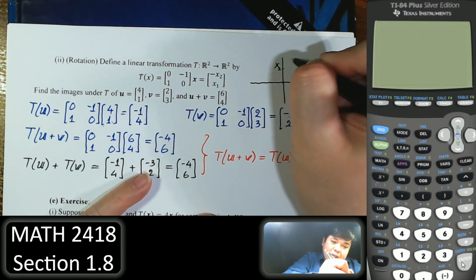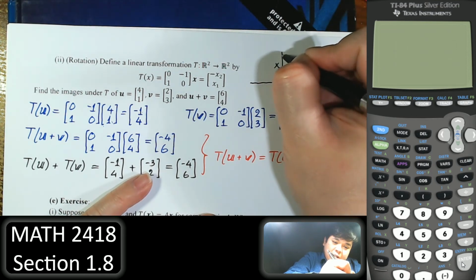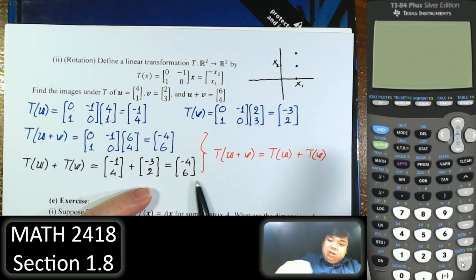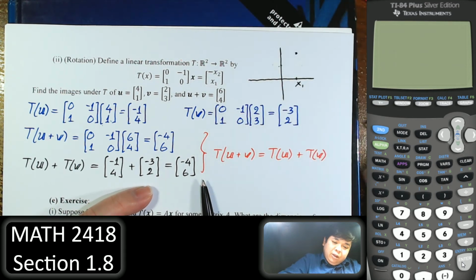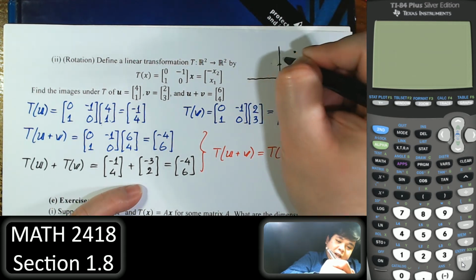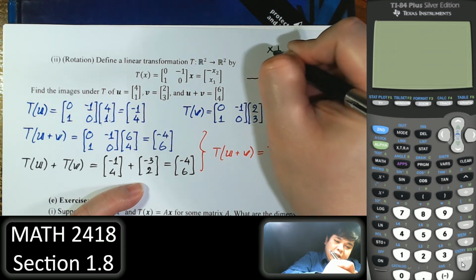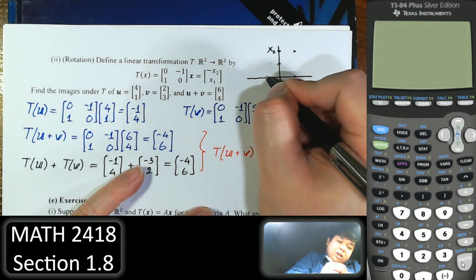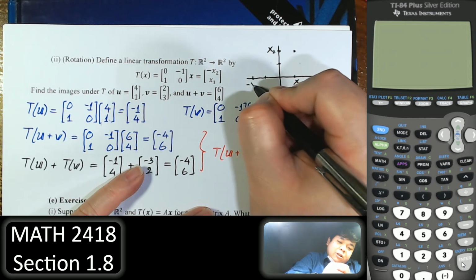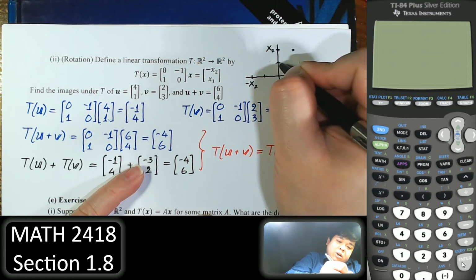Sorry, let's make it a little less special. So x1 is that, x2 is that. Now the transformation will turn it into -x2 and x1.